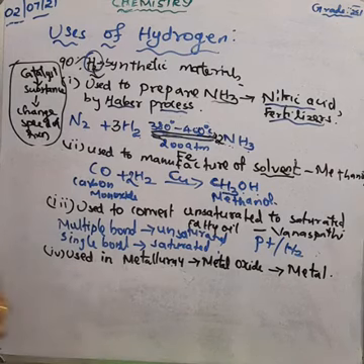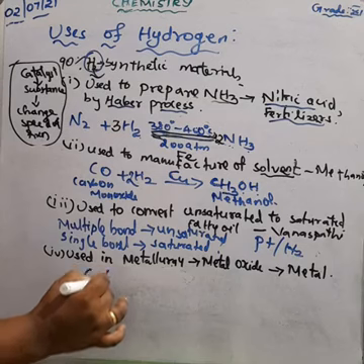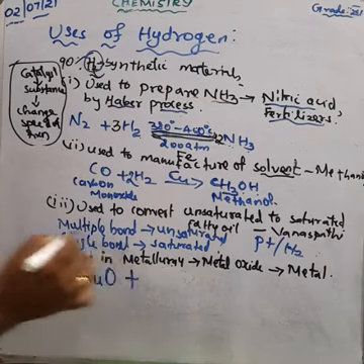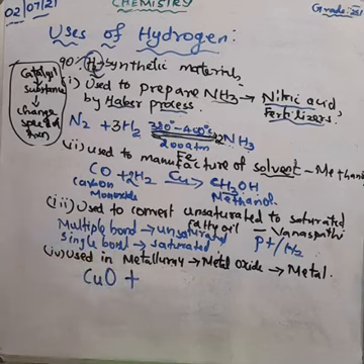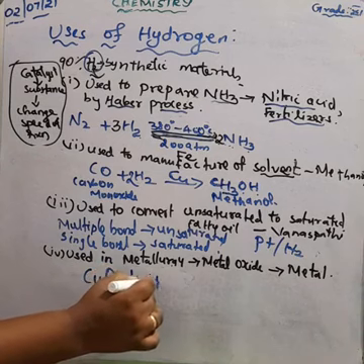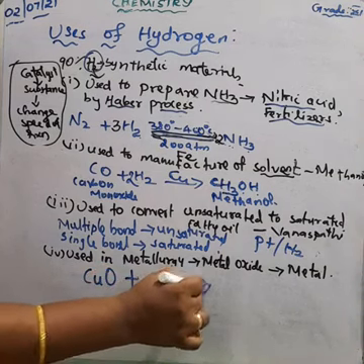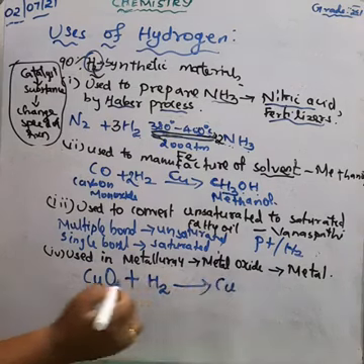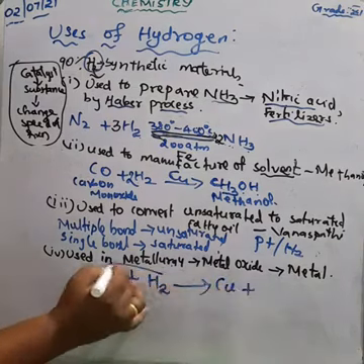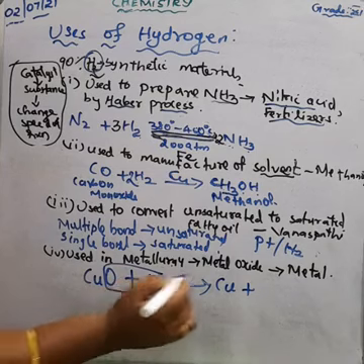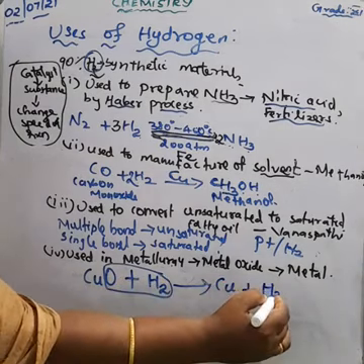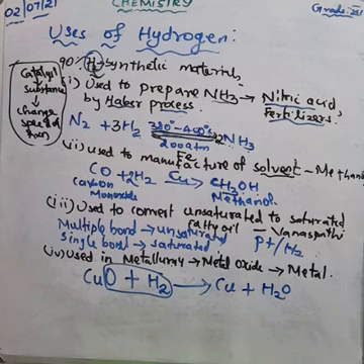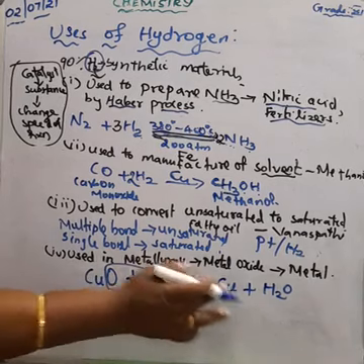For example, copper oxide, CuO, plus hydrogen, H2, gives copper plus H2O. The oxygen combines with the hydrogen to form water, H2O, and we get copper metal. So hydrogen is used to convert the metal oxide to metal.